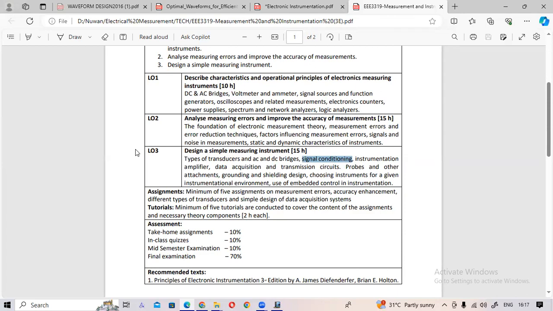Okay, why do we need to get it amplified? Maybe to send it to another circuit. That circuit needs that level. So what we have done there, we change the input signal using the amplifier.